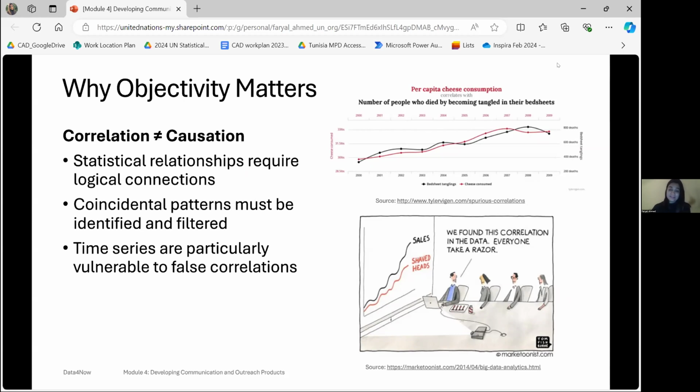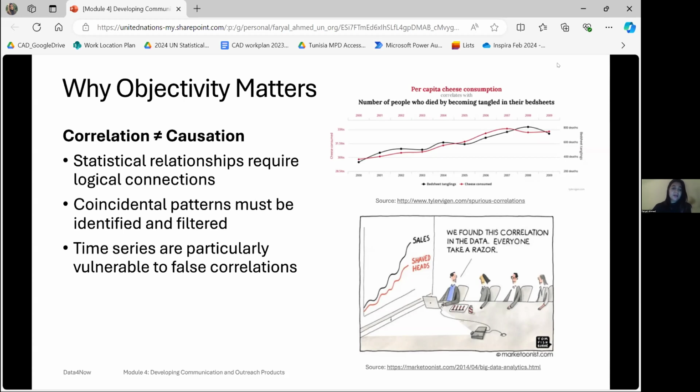We cannot conclude here that people who are eating more cheese are more likely to get tangled in bed sheets. If any one of you have that case, please write in the chat. I'd be very curious to know if you have followed that pattern. I certainly don't, but there may be outliers, or maybe this is a pattern that we're not aware of. But regardless, we need a big sample size to conclude that, even if that is the case.